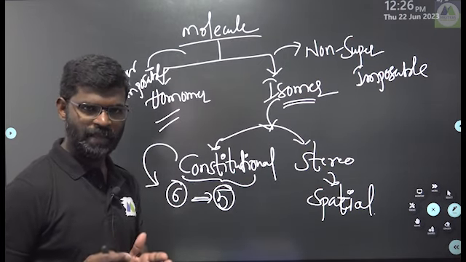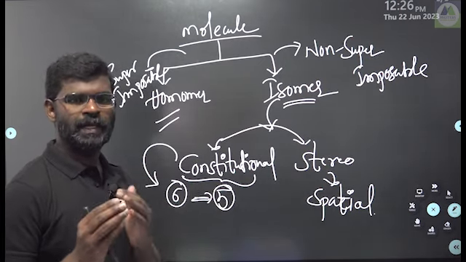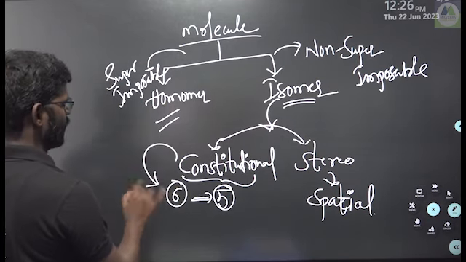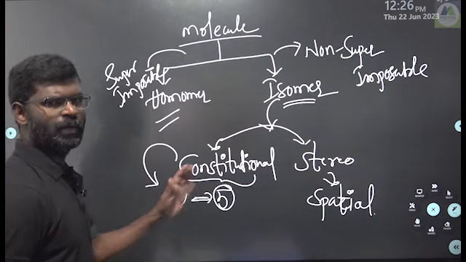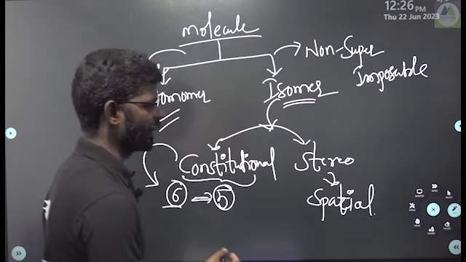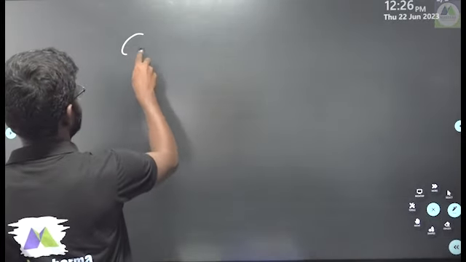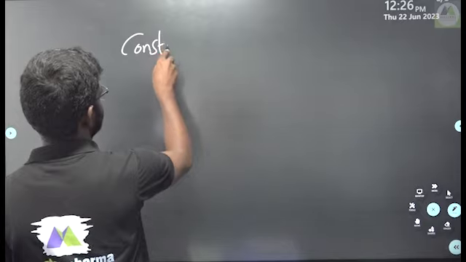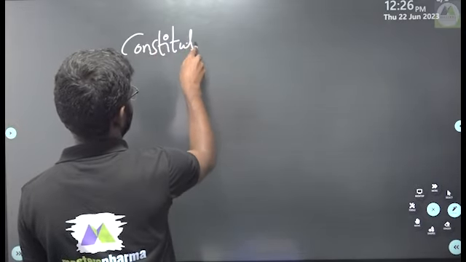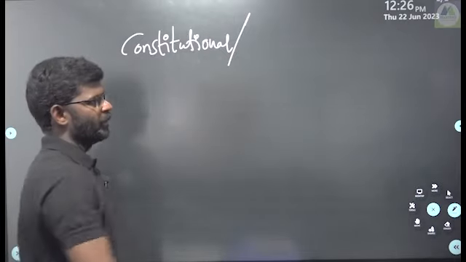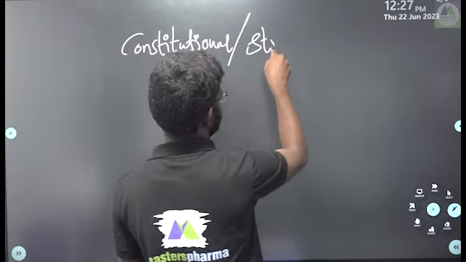In constitutional isomerism, atoms are attached to each other in different manners. It is again divided into 6 types, which can also be converted to 5 types. The first one is constitutional isomerism, another name structural isomerism.